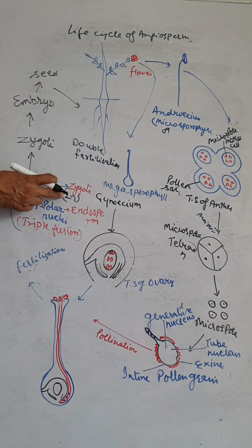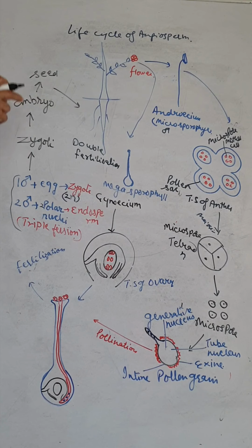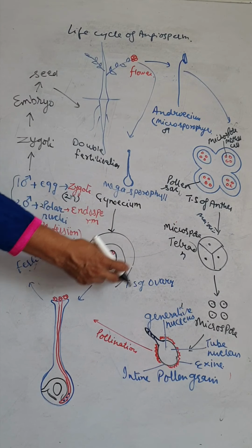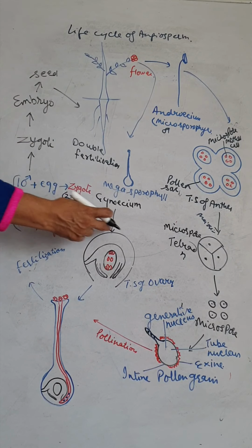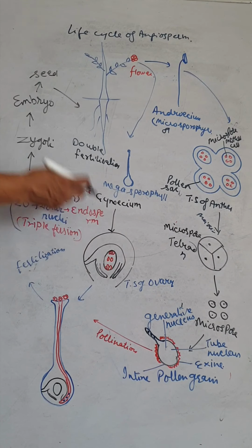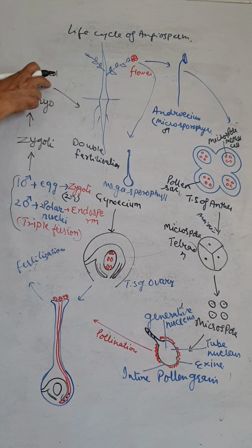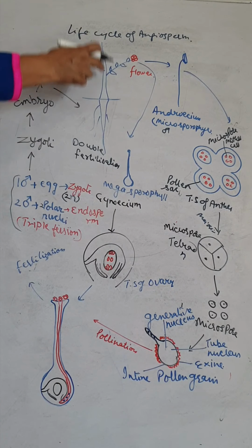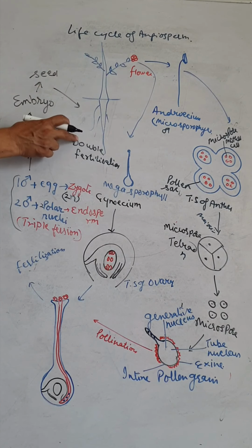The zygote undergoes cell division to form the embryo. The embryo forms the seed, and the ovary forms the fruit. So the seed is enclosed within the fruit, and when we sow the seed, it again forms the sporophyte.